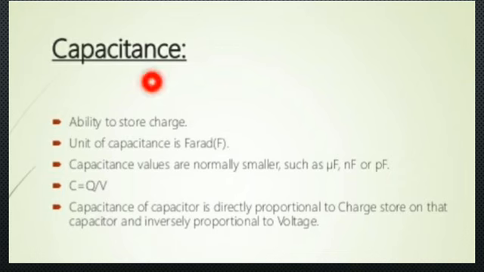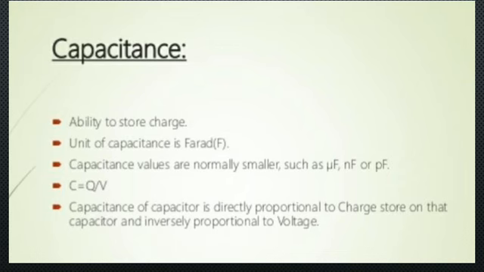Capacitance is the ability to store charge. The unit of capacitance is the farad, denoted by F. Capacitance values are normally small, such as microfarad, nanofarad, and picofarad: 10 power minus 6, 10 power minus 9, 10 power minus 12.